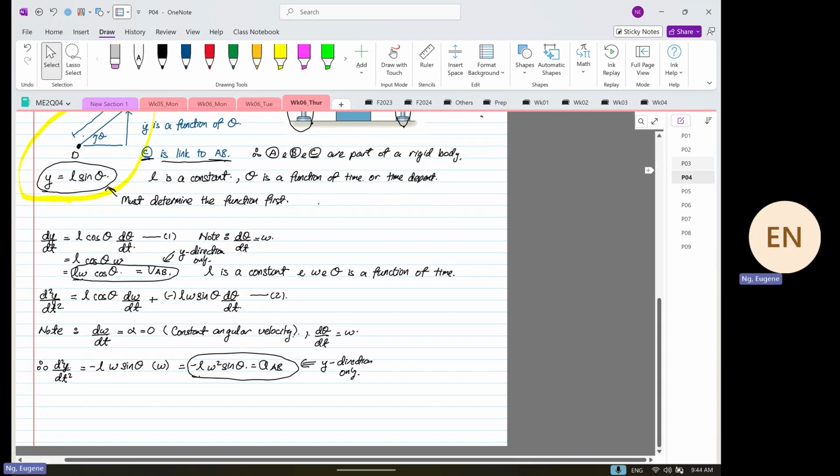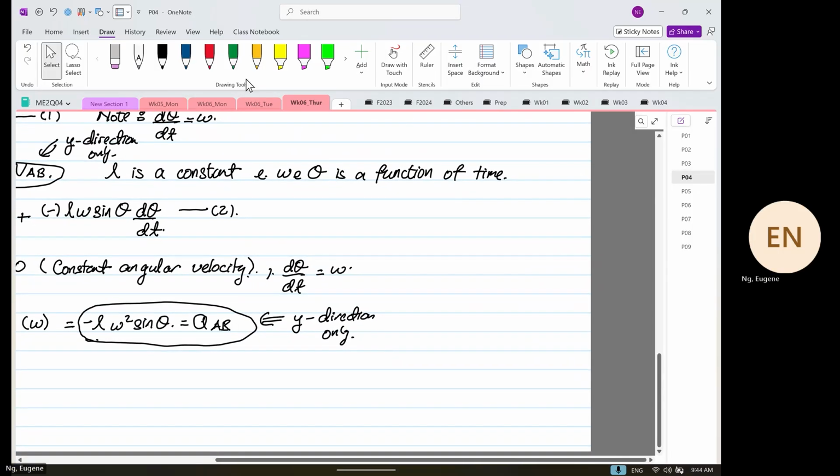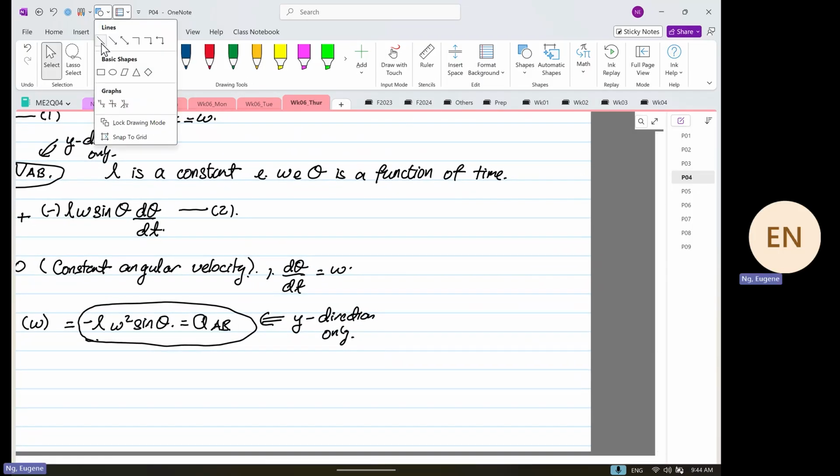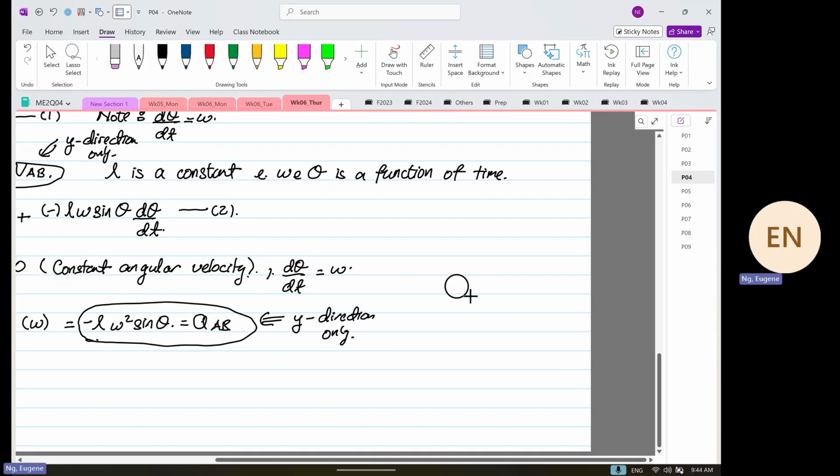So if we look at a semicircle, or a circle, right?